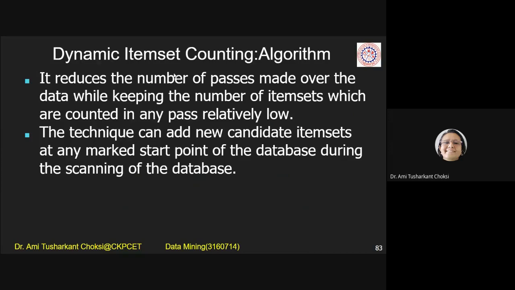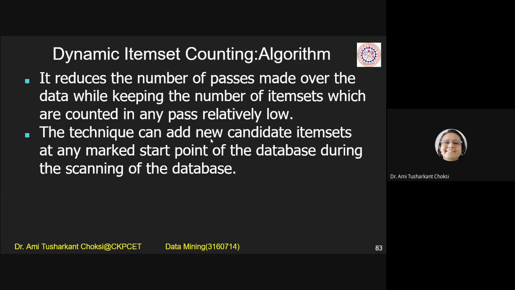Now, dynamic item set counting. What is that? It reduces the number of passes made over the data while keeping the number of item sets which are counted in any pass relatively low.